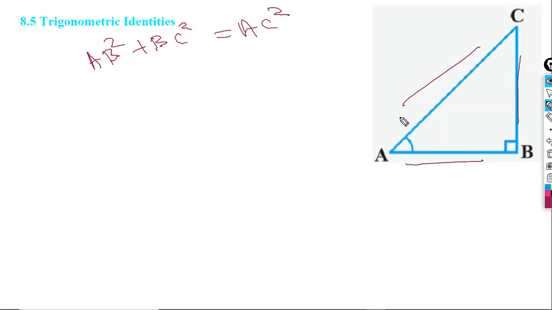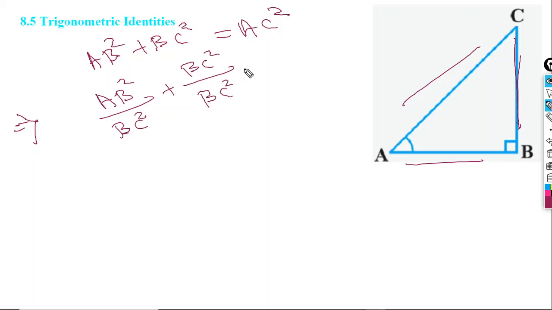Same story again. AB square plus BC square equal to AC square. Now here we will divide BC square on both the sides. So AB square by BC square plus BC square by BC square equal to AC square by BC square.